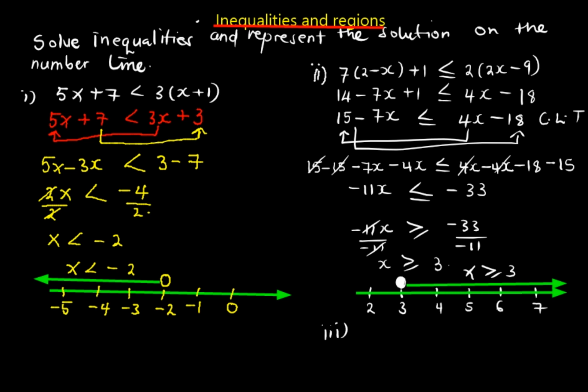Example 3. We have 5x plus 3 is greater than negative 11 minus 2x.